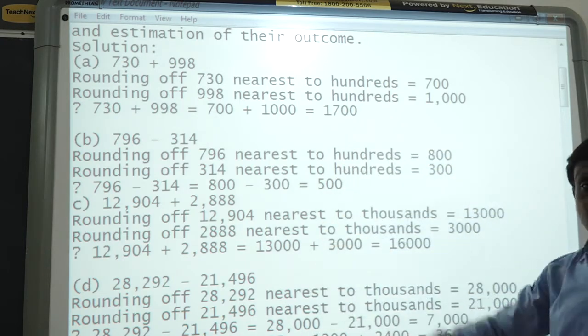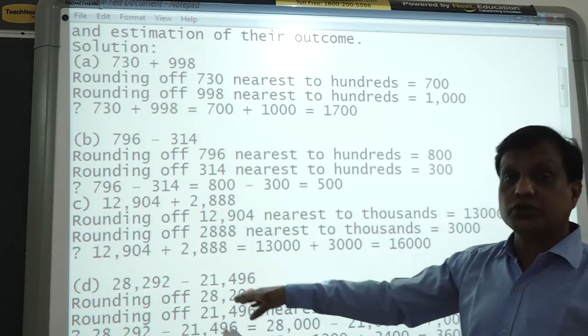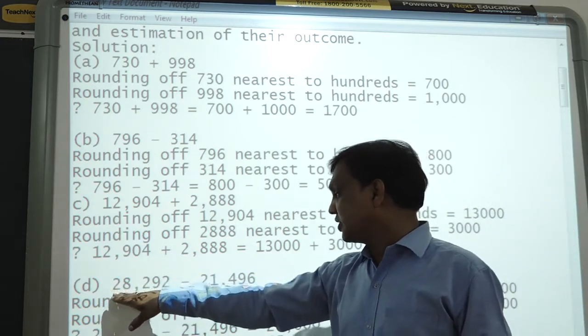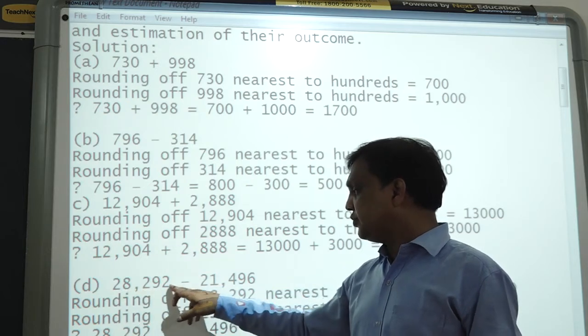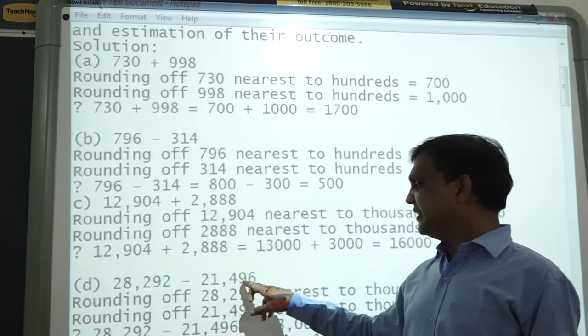In the general rule you have to choose the last digit's place, which here is thousands for both numbers. Next, 28,292 minus 21,496.